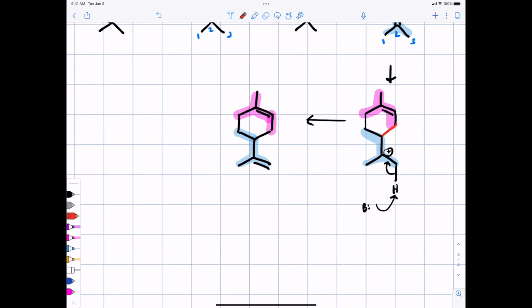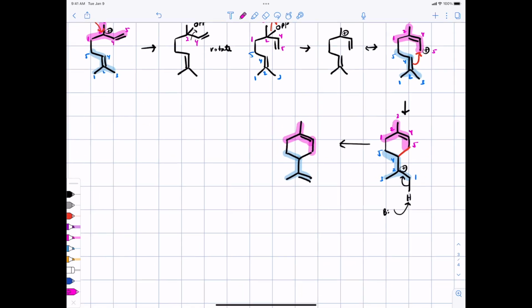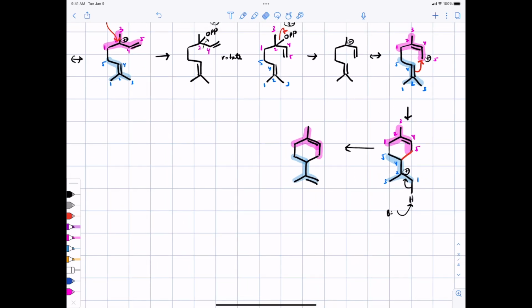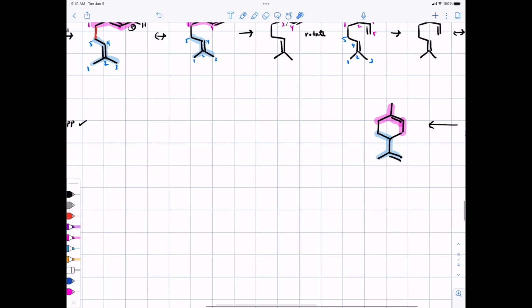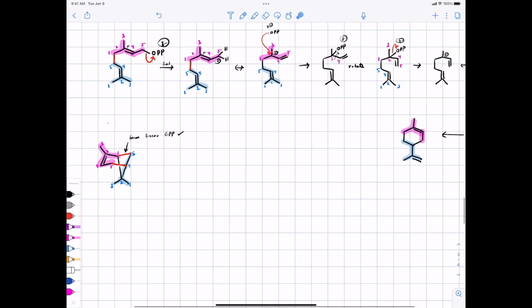Oh, but look, that bond between 4 and 5 we made previously, 4 of blue and 5 of pink. We made that previously in the limonene process, right? By the time we got to this carbocation, we had already made a bond between 4 and 5.